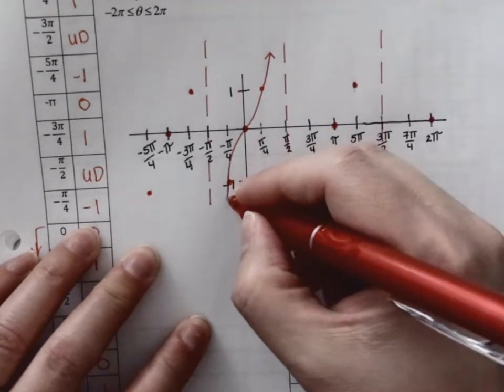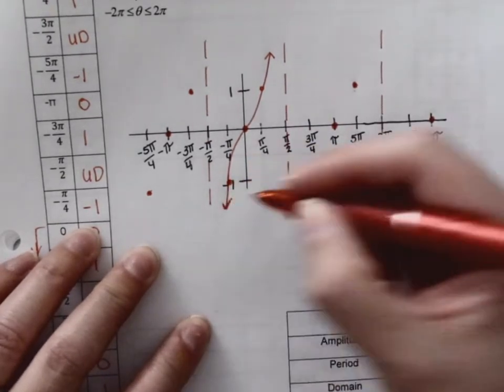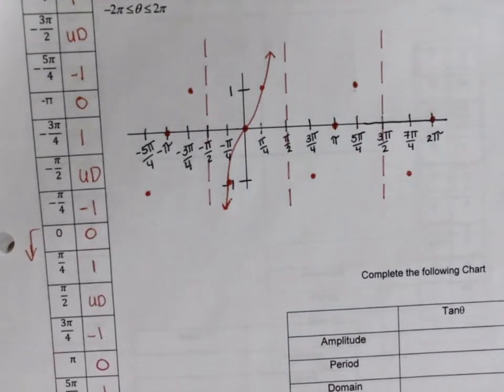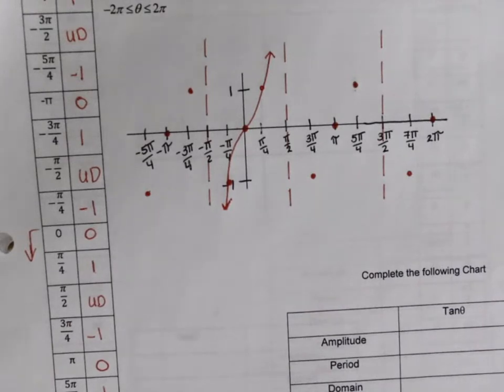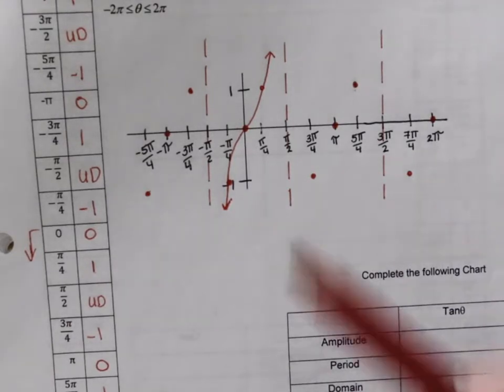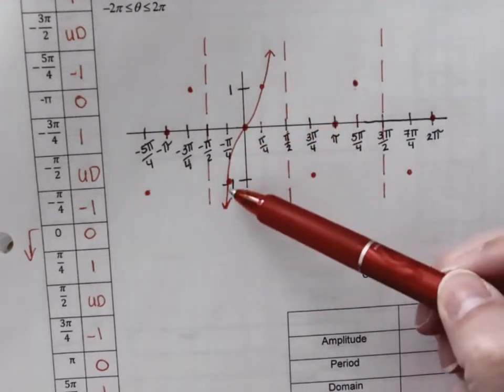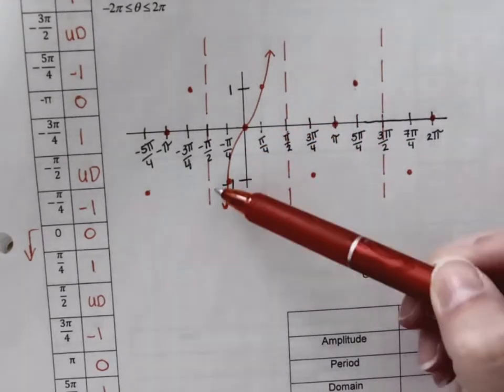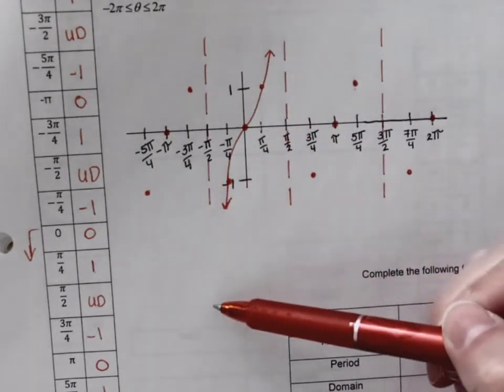With our sinusoidal graphs, I said your arrows have to point in the right direction where your graph goes next. What's going to happen to this graph? These are going to keep going and going. It's going to get closer to the asymptote, but it's never going to touch it.